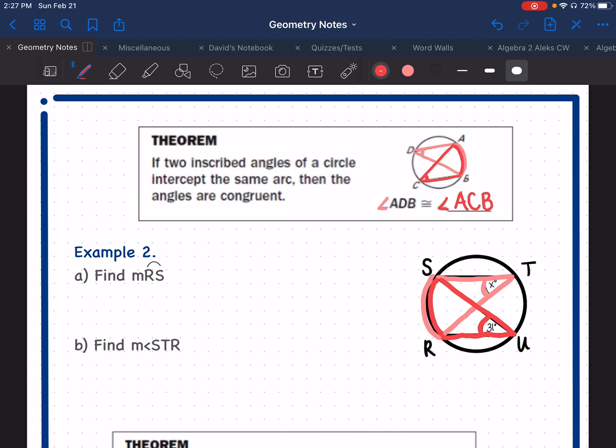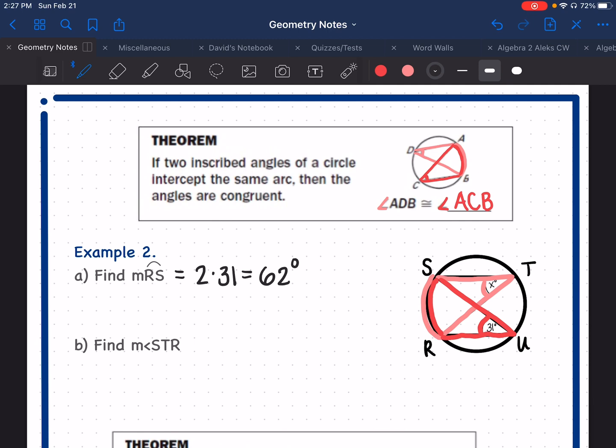Both of those angles have to be 31 degrees, and so to find SR, all I have to do is 2 times 31, 62 degrees. Because whenever I know the inside, I multiply by 2, and whenever I know the outside, I divide by 2.